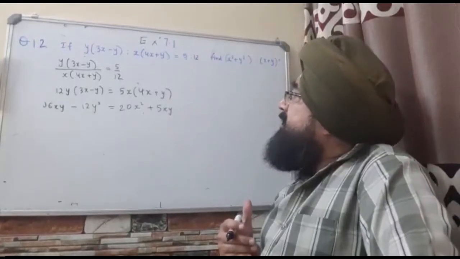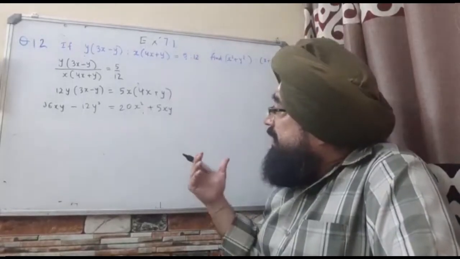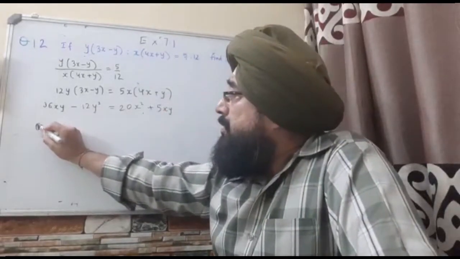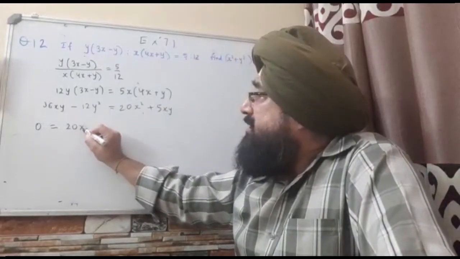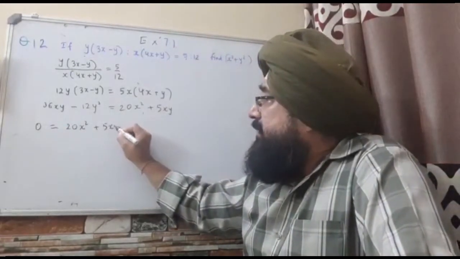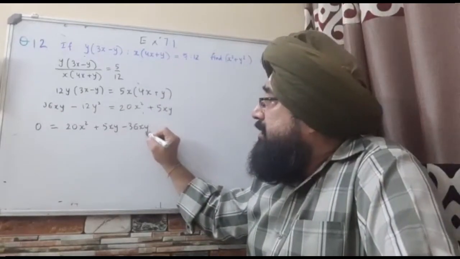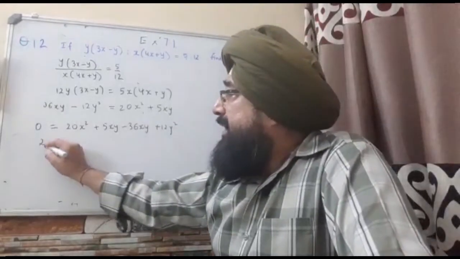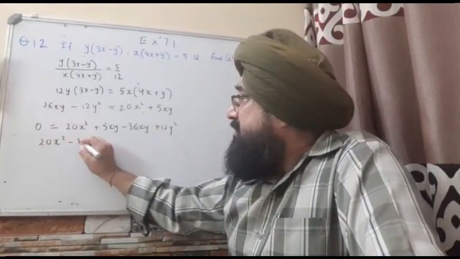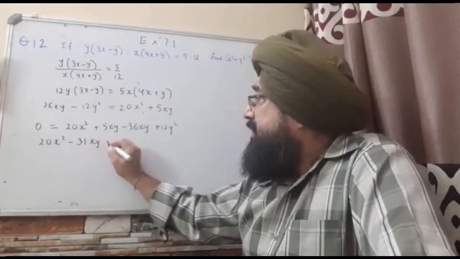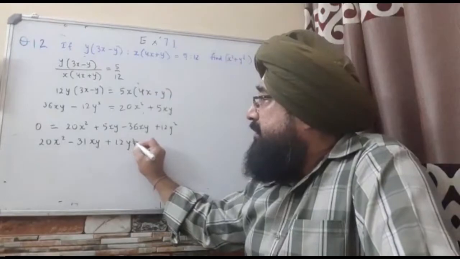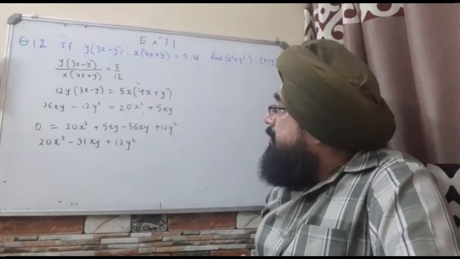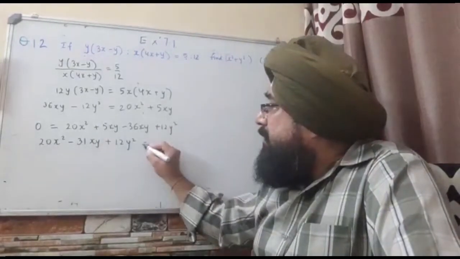What I am looking for is that if I can bring all the terms on one side, I bring these things also on this side, so I get 0 is equal to 20x square plus 5xy minus 36xy plus 12y square. So what do I get? 20x square minus 31xy plus 12y square, isn't it? Okay, so equal to 0.